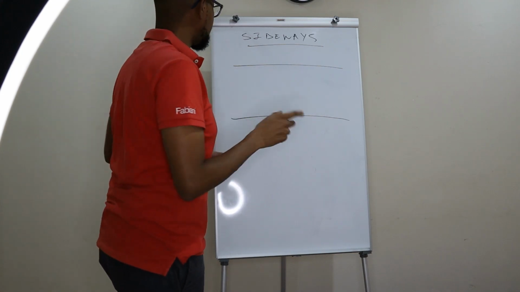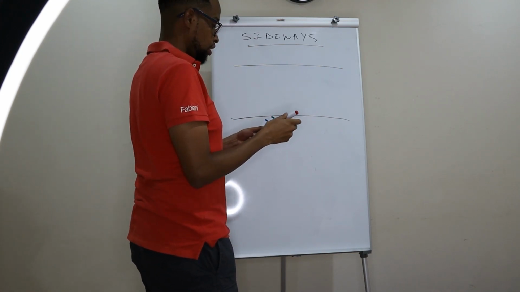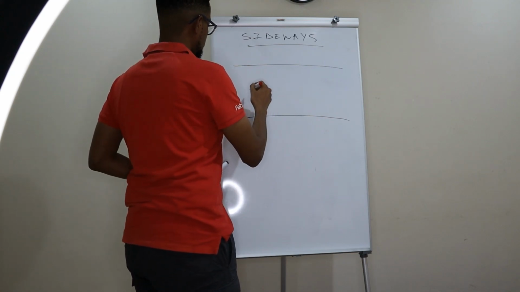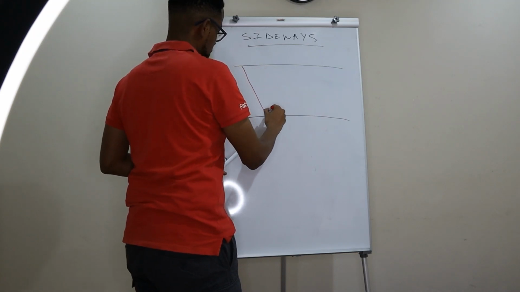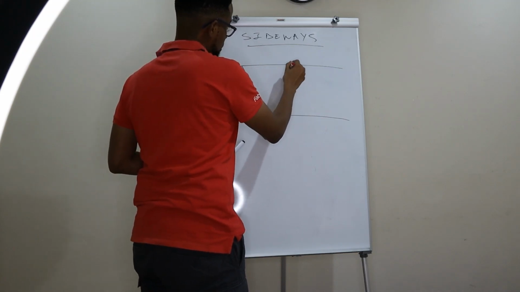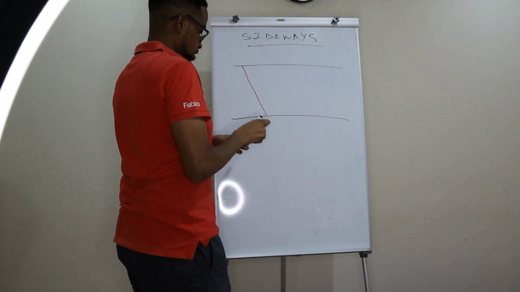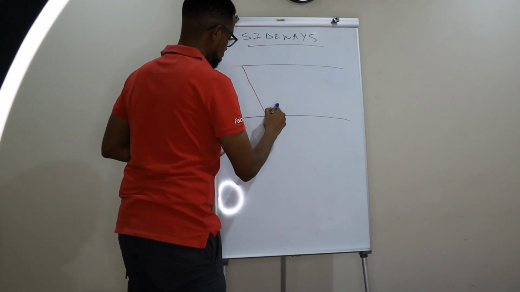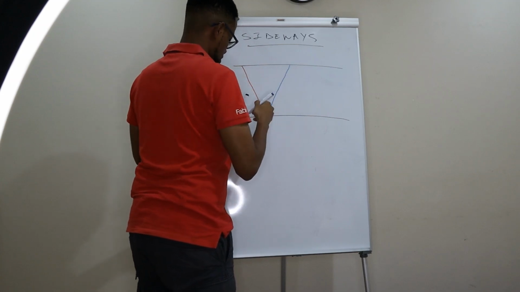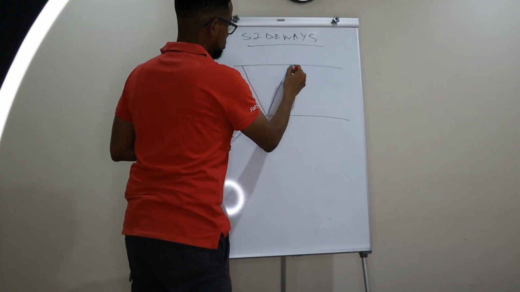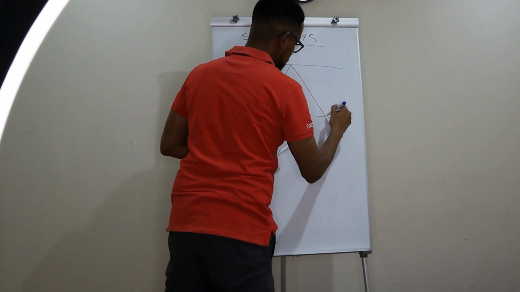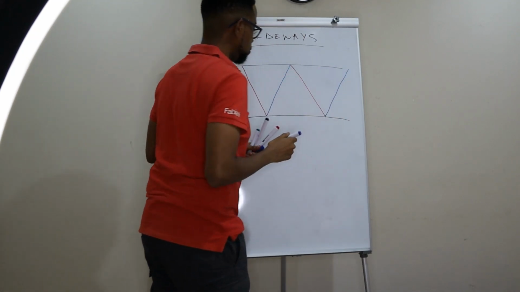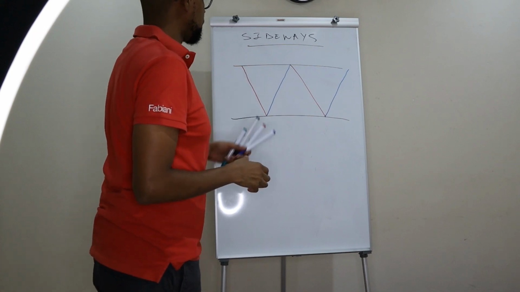In a sideways market, you will see, and then the market will move again to the downside, and then you will move to the upside.